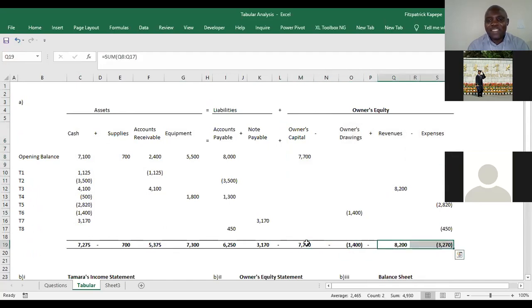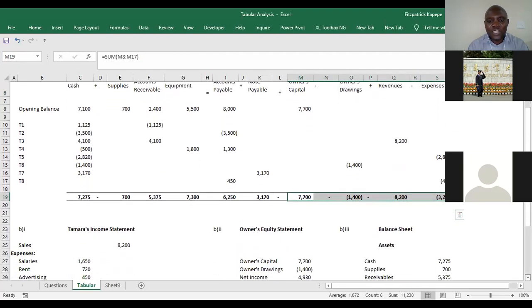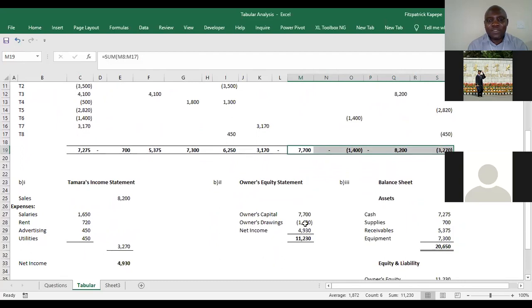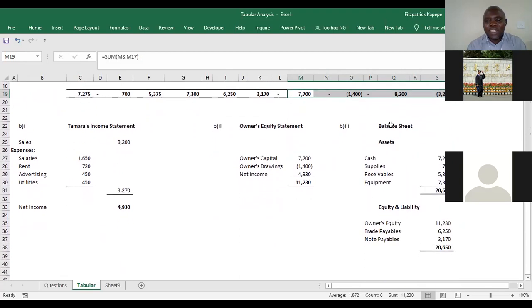This is the difference of your net income, revenues minus expenses. So we picked from here, you check 11,230. That was your owner's equity statement. Then we went to the balance sheet where we are saying the assets and the liabilities balance. So it's the same numbers if you check.